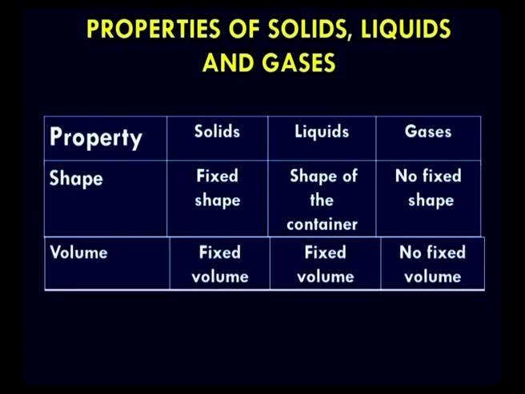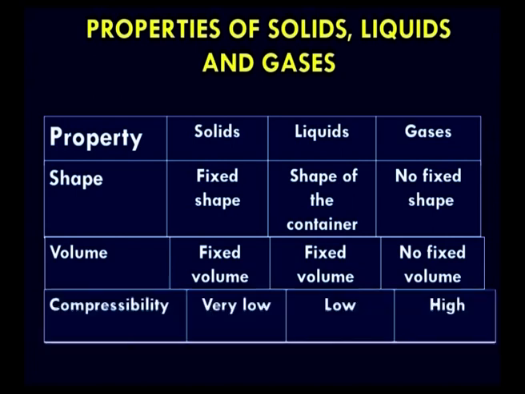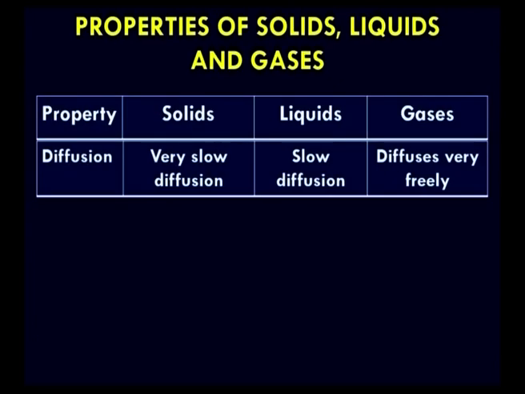Volume: solids have fixed volume, liquids have fixed volume, gases have no fixed volume. Compressibility: solids are very low compressible, liquids low compressible, gases are highly compressible. Diffusion: solids undergo diffusion very slowly, liquids undergo slow diffusion, gases diffuse very freely.